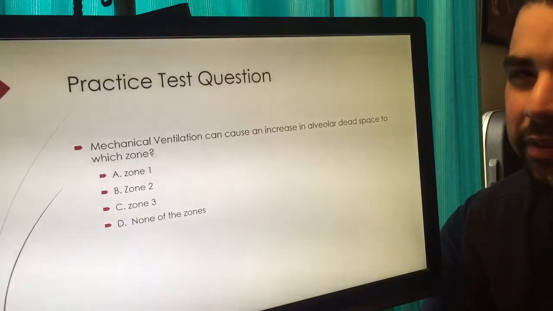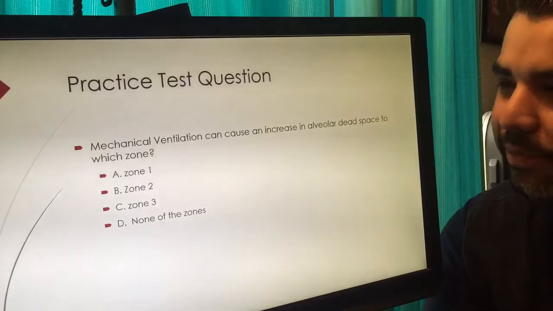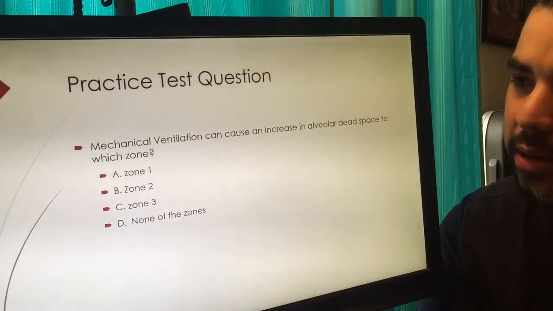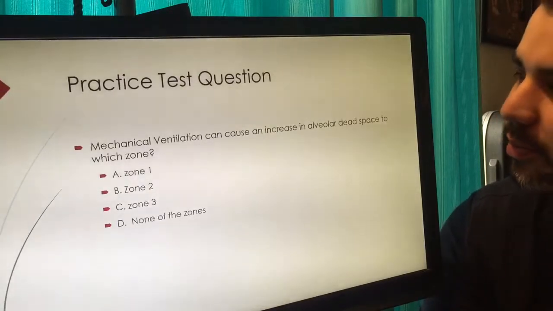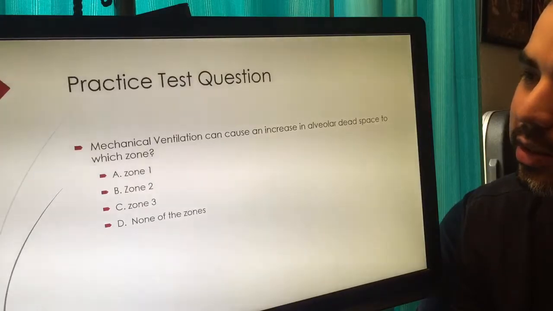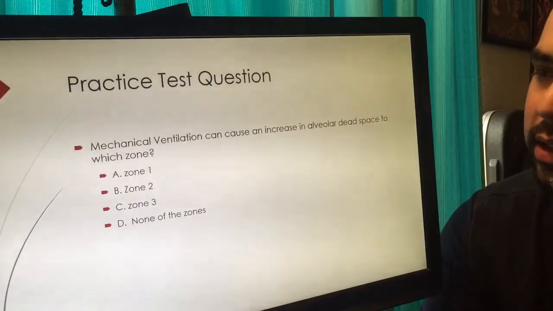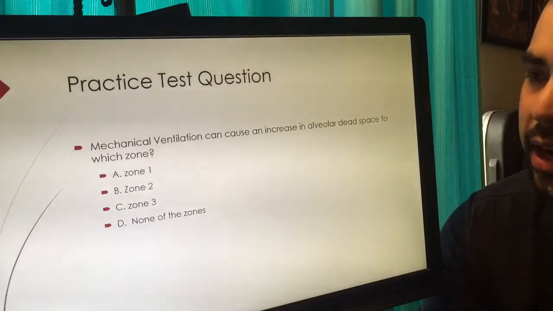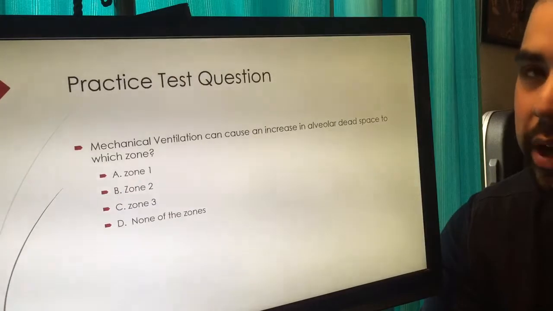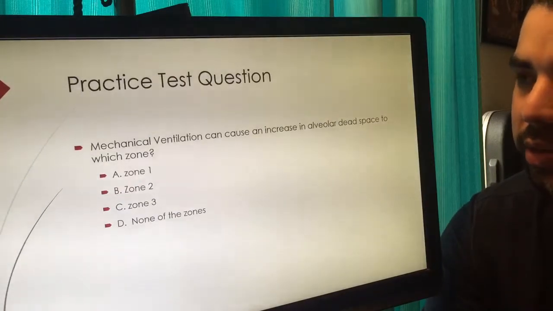It may drop it to like 15, but it's still going to be a lot. So zone 2, yes, but that's not the biggest one. It's increasing dead space, but it's not really doing much. It's still being both ventilated and perfused normally.